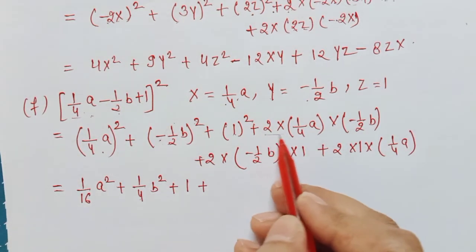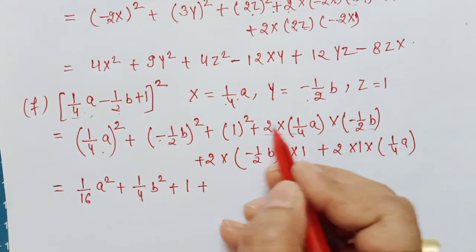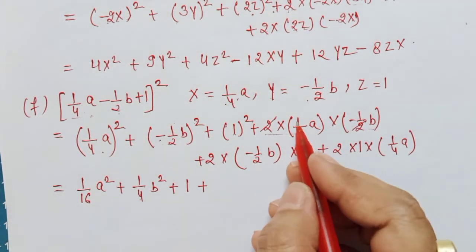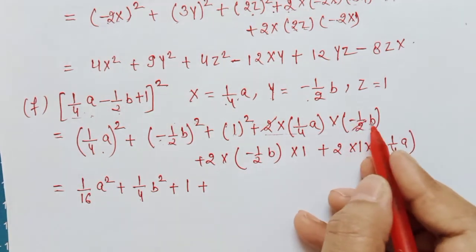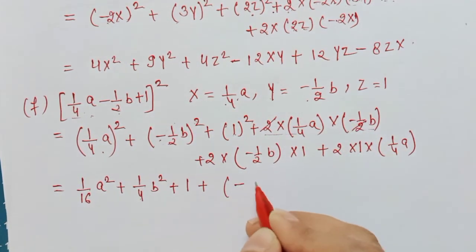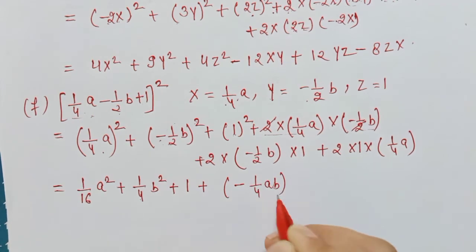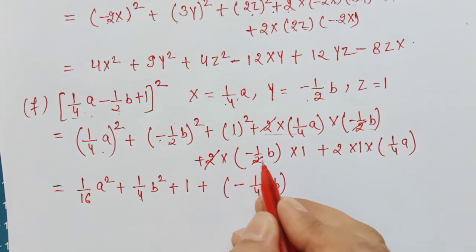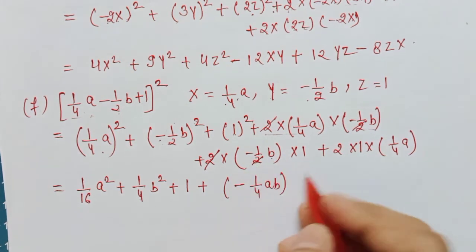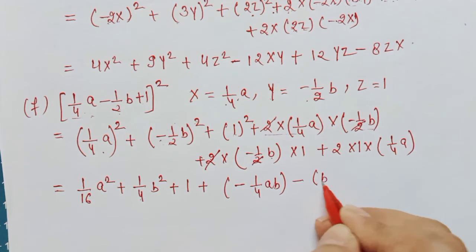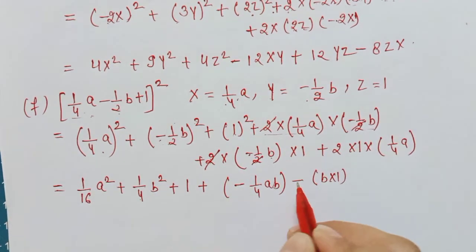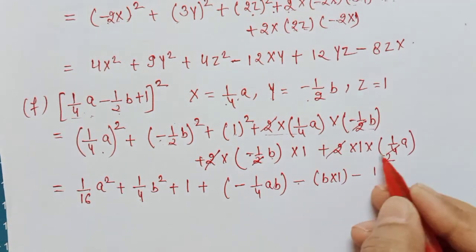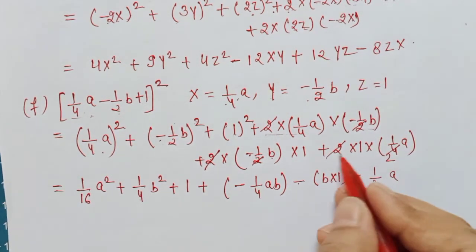Now cancel whatever you can cancel here. Now multiply all these terms. 1 upon 4a and minus b, then it will become minus 1 upon 4ab. Cancel here also. 2 will cancel from this 2, and the term will be b into 1, plus minus will be minus. Cancel it. 2 fours are 8, and it will become 1 upon 2a with the positive sign.